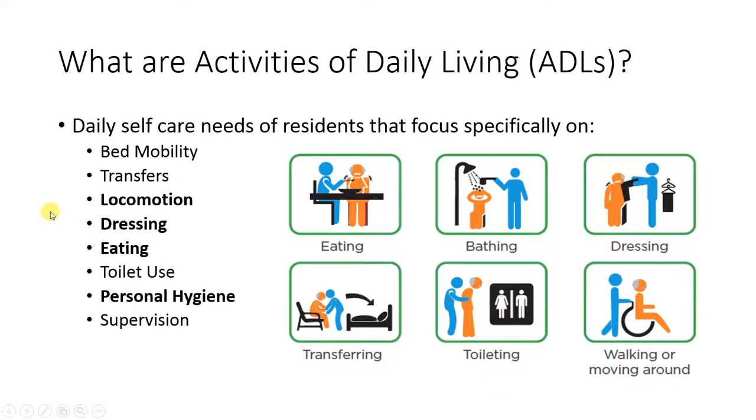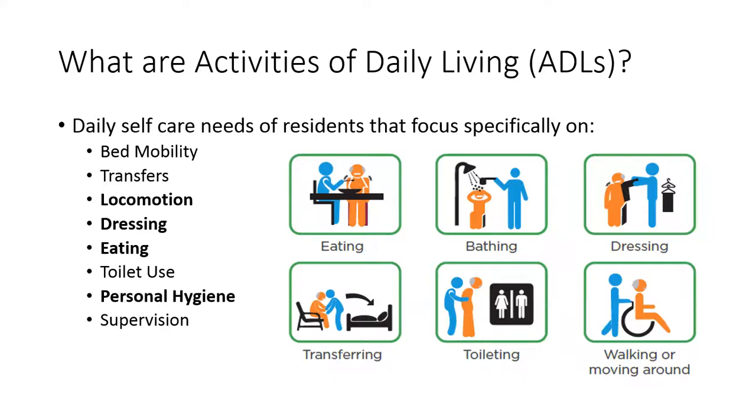What are activities of daily living, or ADLs as we call them as well? They're daily self-care needs of residents that focus specifically on bed mobility, transfers, locomotion, dressing, eating, toilet use, personal hygiene, or supervision.